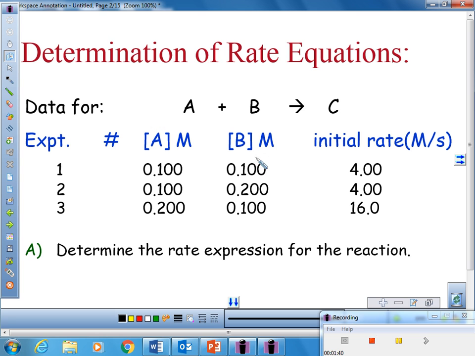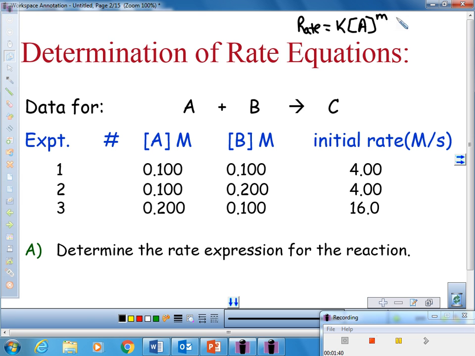All right, so in order to figure out the rate law, in this case, we have A and B reacting together making C, so some sort of synthesis reaction. It's going to look like, at the top there, rate equals k, and your reactants, in this case A, raised to some power, and your book uses m. So you can use m, you could use x, you could use y, it doesn't really matter.